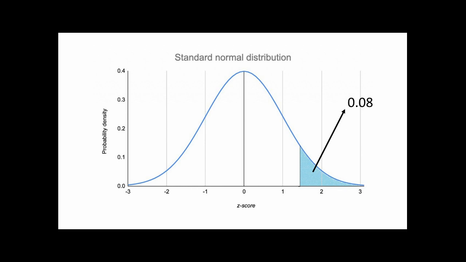Use your z-table to find the z-score that gets us 8% to the right, which is also an area of 92% to the left. I come up with 1.41. Next, I find the z-score of my test statistic, which is based on the sample.